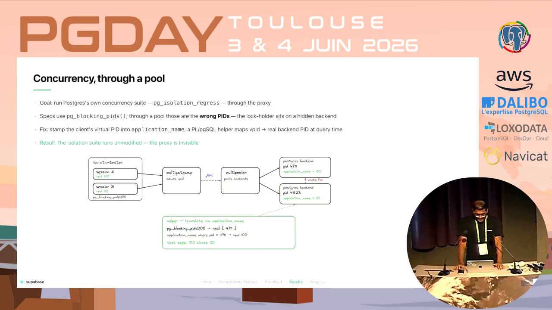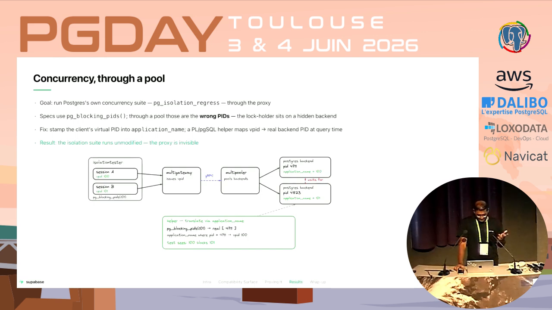The session the test thinks it owns isn't the real Postgres backend, because it keeps shuffling. It's a virtual connection multiplexed onto a pool. So when the test asks about its own process ID, it is really asking about an entirely different PID. The actual lock holder is some other pooled backend the test can't even see. So the assertion silently compares the wrong things and the whole suite is meaningless.